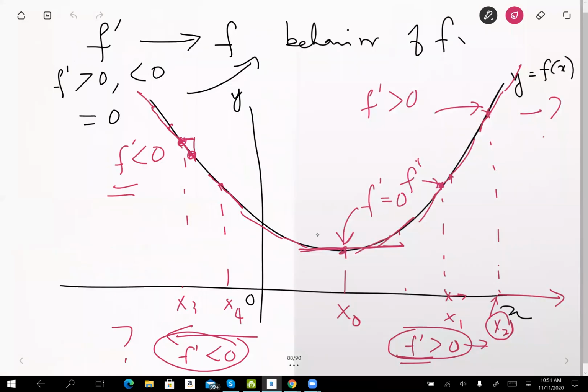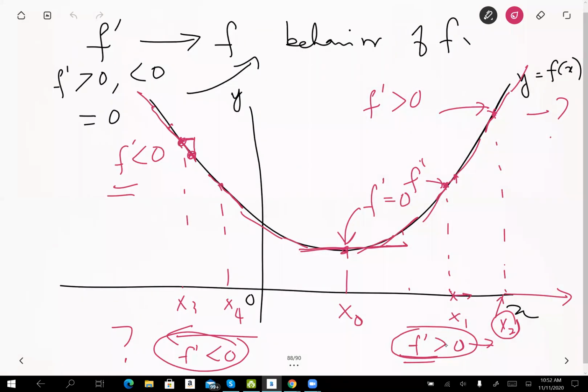Okay, yeah. From where to where? Or from what values of x to what value of x is f prime positive? From x0 to infinity. It's from, okay, it's not x0. x0 is not included because what is the slope at x0? At x0, the derivative is 0.